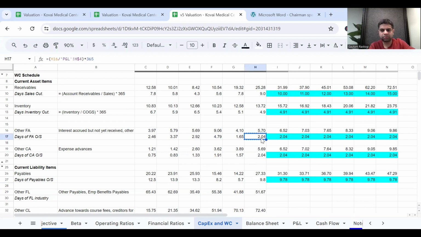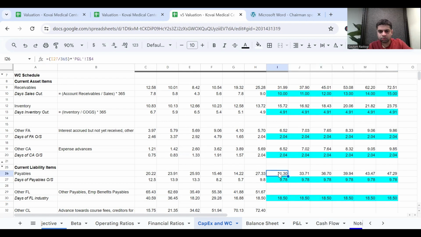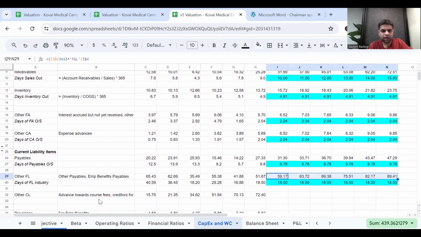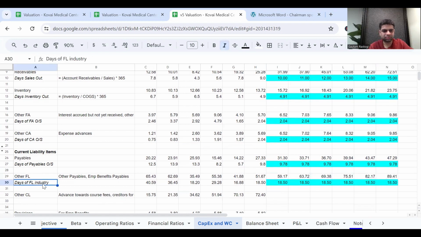I can use this number because I already have the formula here. Using the other financial liabilities, I'm just doing the same thing I've done. Let me do it very fast, and the same for days of FL.